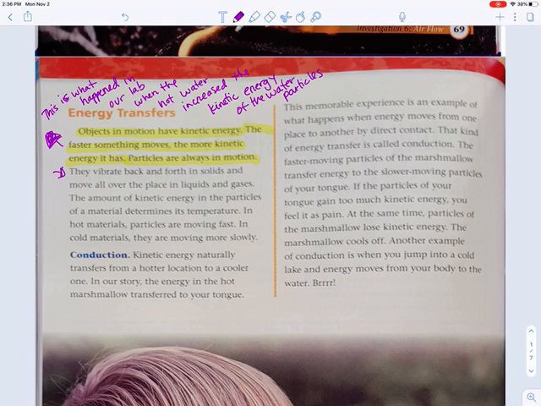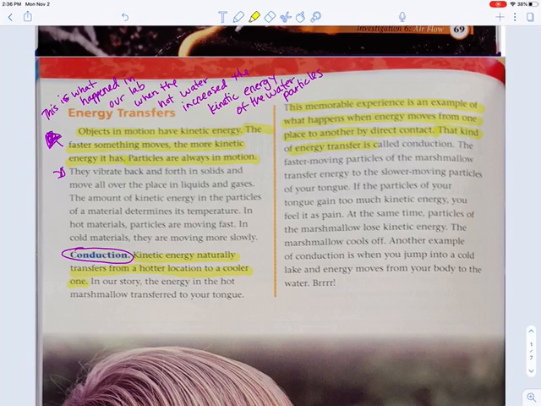Conduction. And here I come back to that word that is unknown, so I'm going to circle it. It says here that kinetic energy naturally transfers from a hotter location to a cooler one. In our story, the energy in the hot marshmallow transferred to your tongue. This memorable experience is an example of what happens when energy moves from one place to another by direct contact.